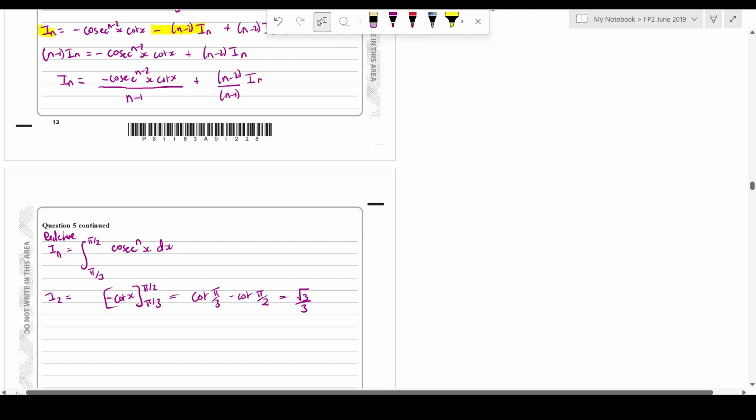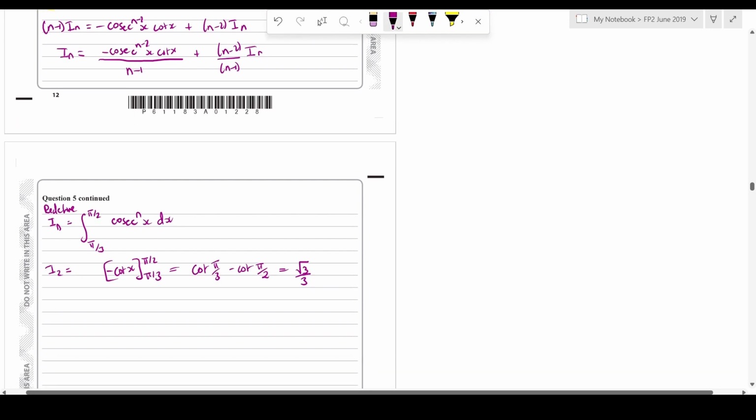Now, we're going to have to work out what I4 is going to be. So, using our recurrence relation, it's going to be minus cosec squared of x times cot of x over n minus 1, so that'll be 3.